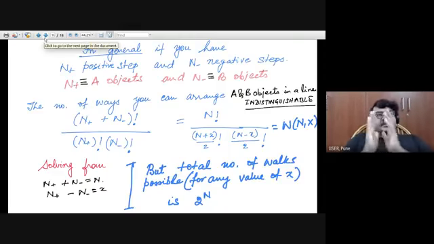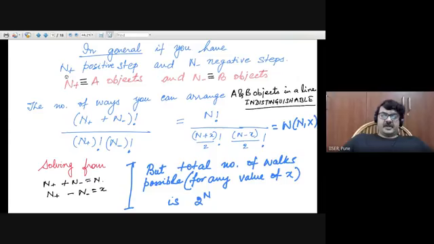Okay. So what is the question? The question we are asking is, in general, if you have n plus positive steps, or steps to the right, and n minus negative steps, or steps to the left, right, how many random walks can you have? Total number of steps fixed, and number of steps to the right fixed, and number of steps to the left fixed.